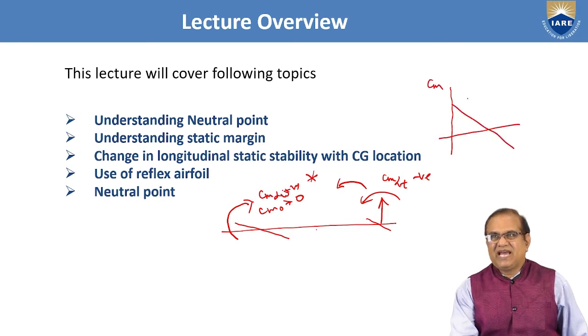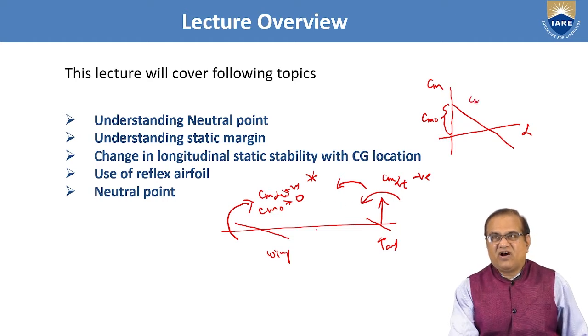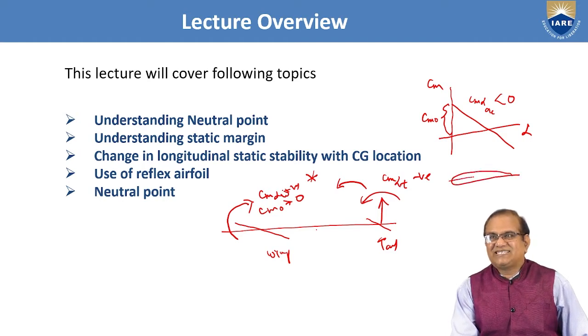If you take this Cm and this is the alpha, Cm naught will be positive if we are using this type of configuration, but here Cm alpha is also positive. But if we fix a tail here, this is the tail and this is the wing, the tail will be in the negative direction and the Cm alpha of the whole aircraft will be less than 0. So this is what we have learned, the contribution of tail and the contribution of wing, and we have seen the location of AC and the CG.